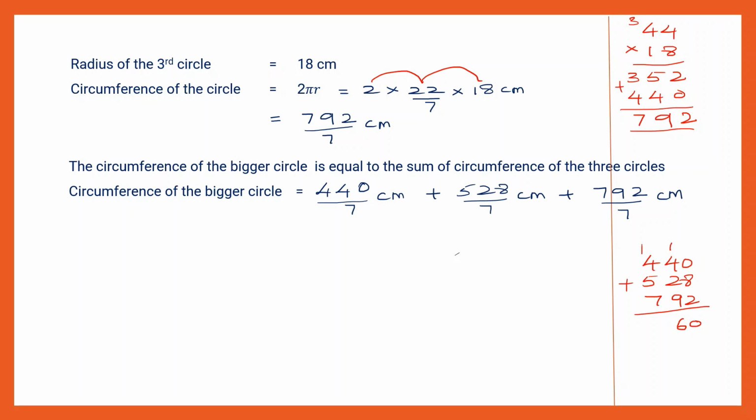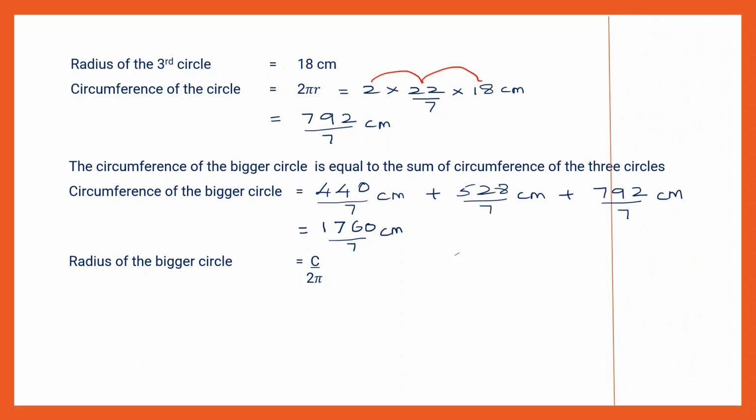Carry 1. 4 plus 1 is 5. 5 plus 5 is 10. 10 plus 7 is 17. So we have 1760. So the circumference of the bigger circle is 1760 by 7 centimeters.